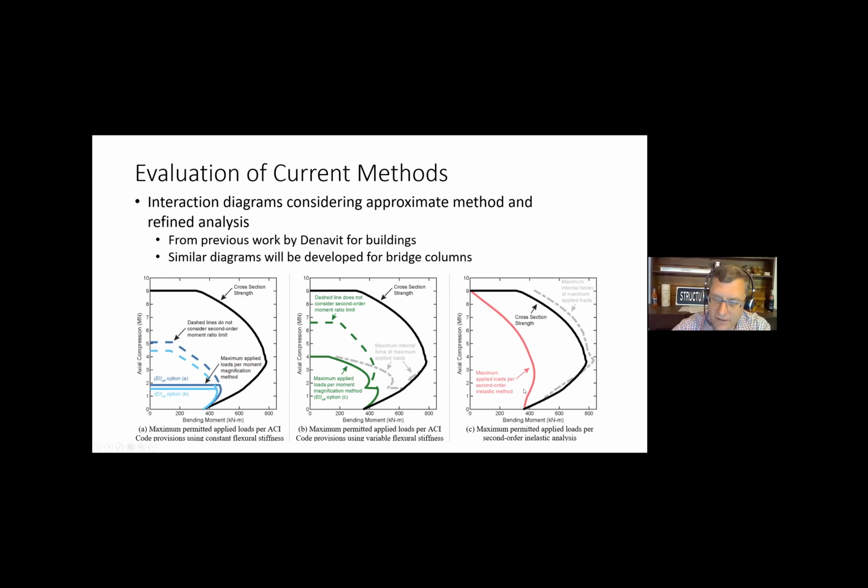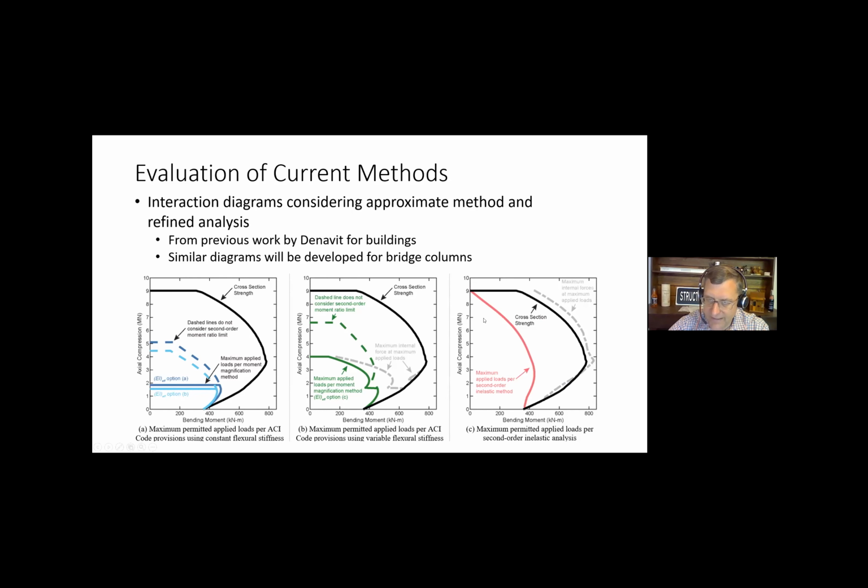And then the figure on the right is basically some OpenSees analyses, which show that sometimes the design methodology is conservative, sometimes it's unconservative. So if you look at, I think you can follow my mouse, say a case of 7 meganewton axial load and 100 kilonewton meter bending moment, we'd be right here.